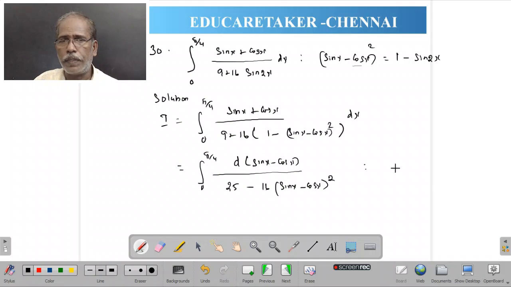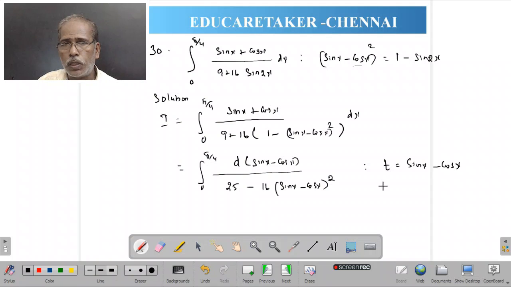So dear student, if we take t equal to sin x minus cos x, then dt is the numerator, and we have to change the limit.